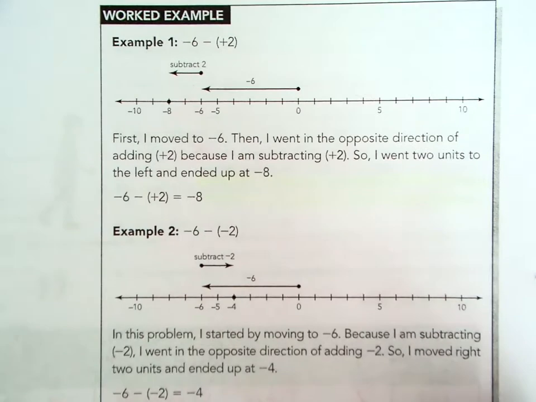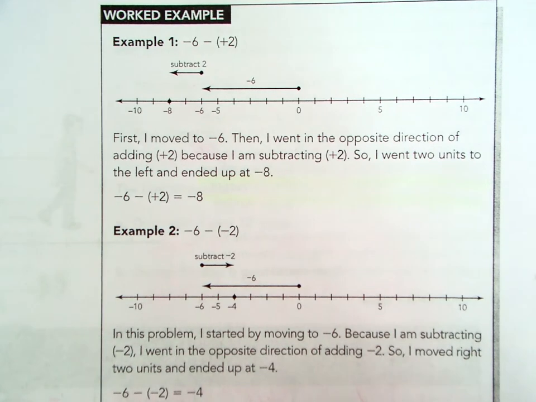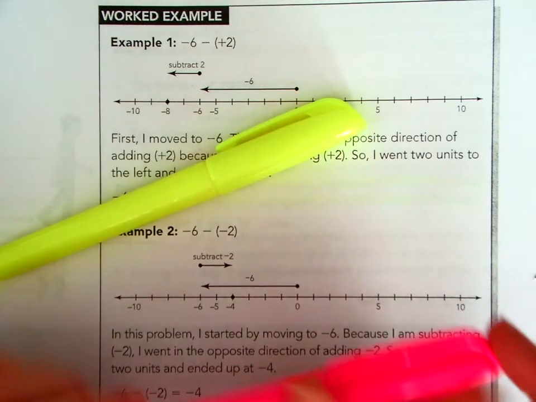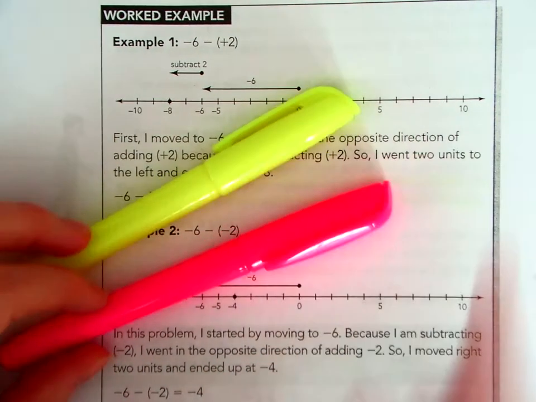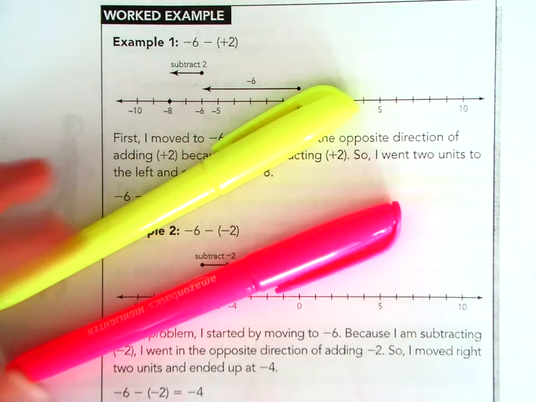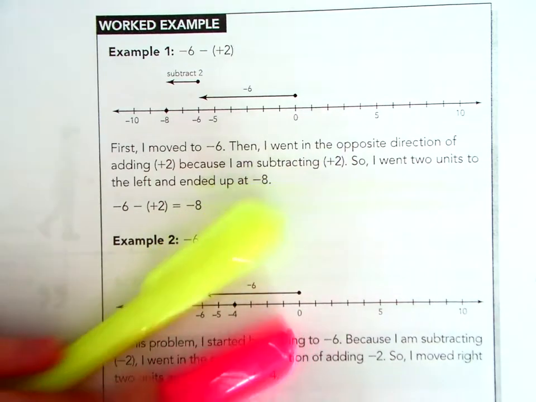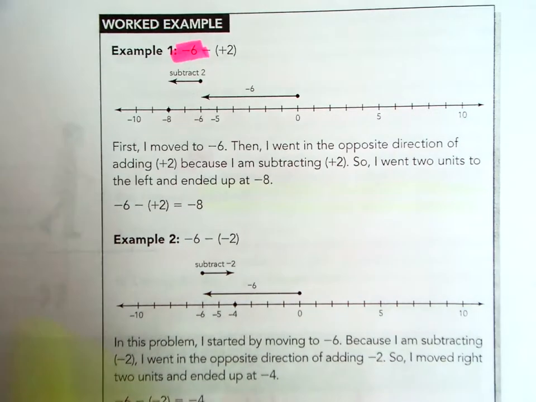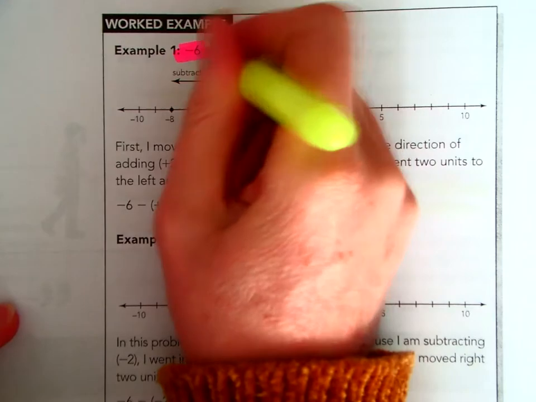Then they give us many worked examples. Why so many? Let me point out why. I'm going to use yellow to represent positive and pink to represent negative because they're trying to give you every possible scenario. Here they have a negative subtracting a positive.